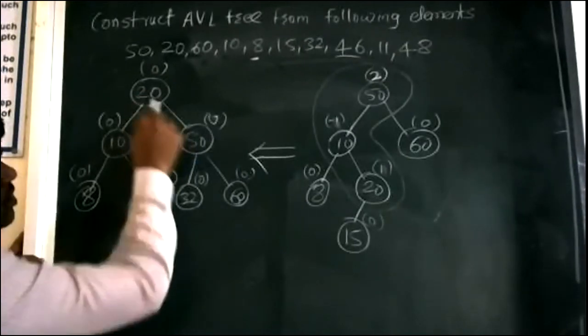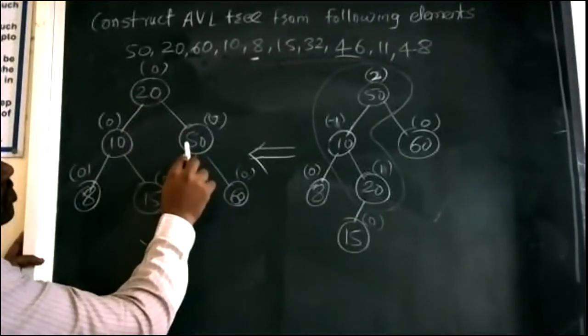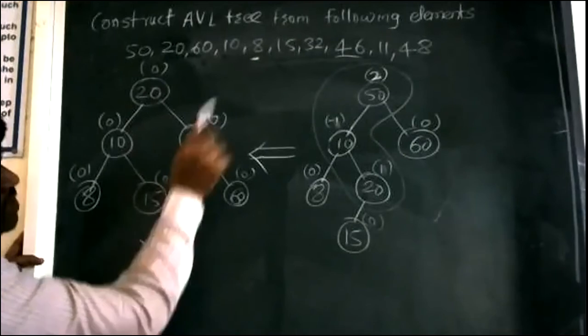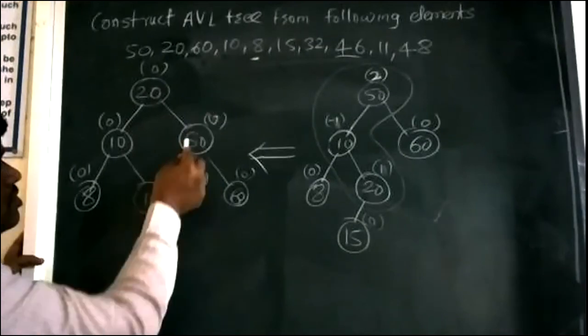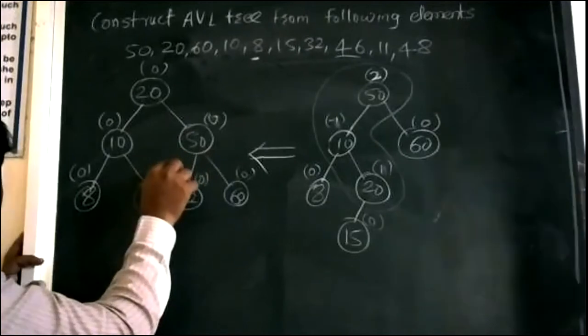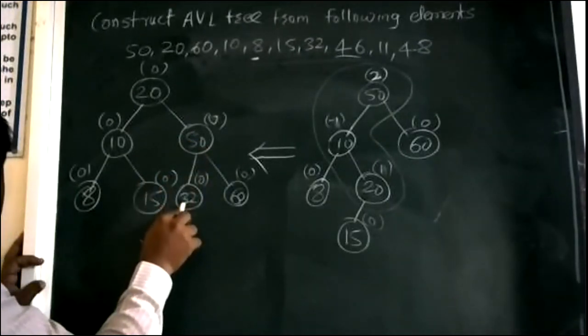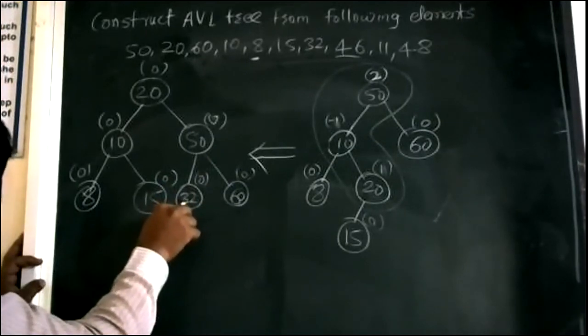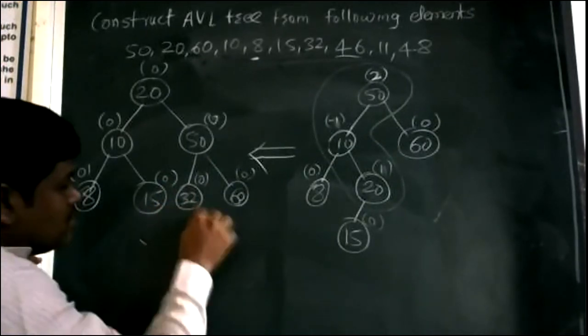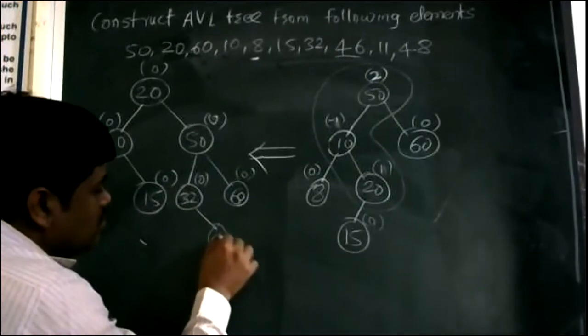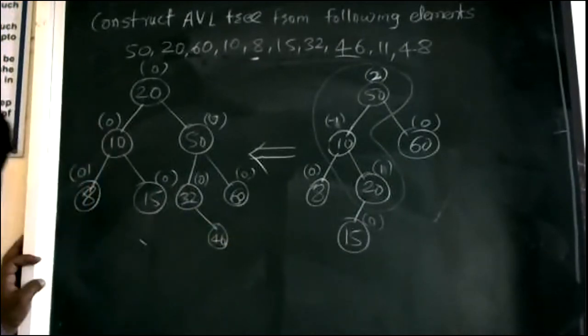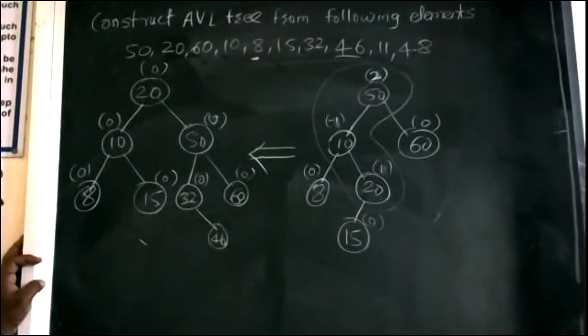Right of 20. Come here. Is 46 less than 50 or greater than 50? Left. Come to 32. Is it greater or less? Right of 32. So 46 is at right of 32.